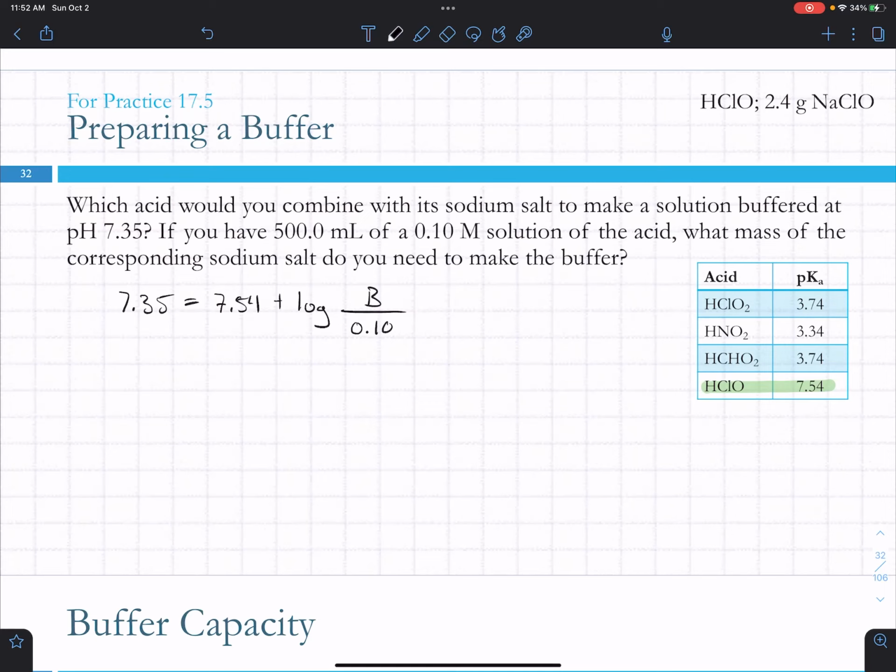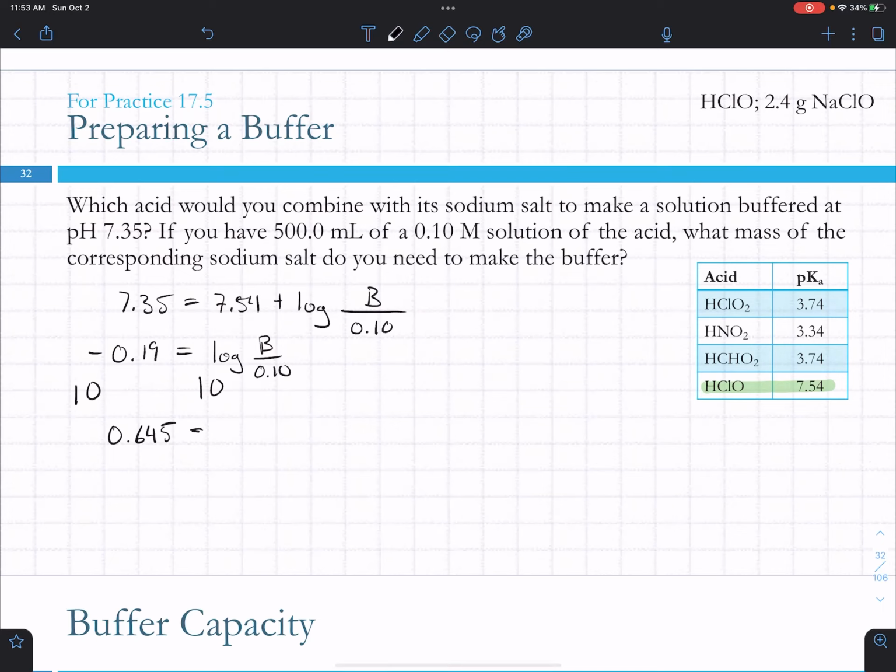So we can start out by taking the 7.35 and subtracting 7.54. And that is going to be negative 0.19, which equals the log of the base over the acid. And now we can raise everything to the 10, and that will give us 10 raised to the negative 0.19, and that's 0.645.